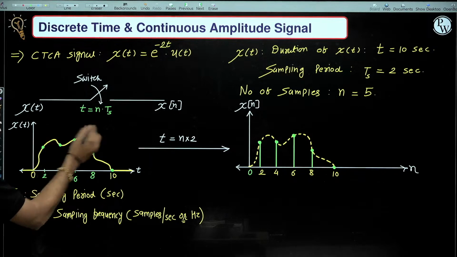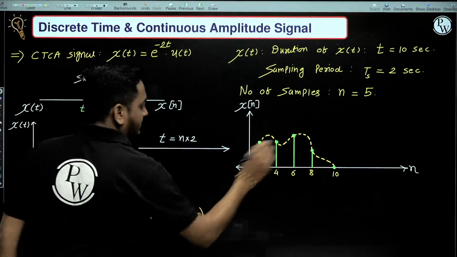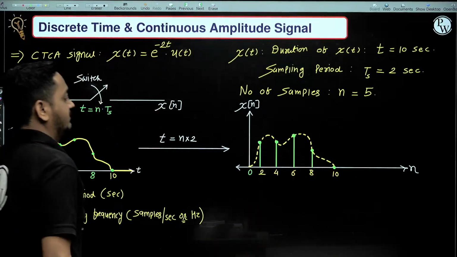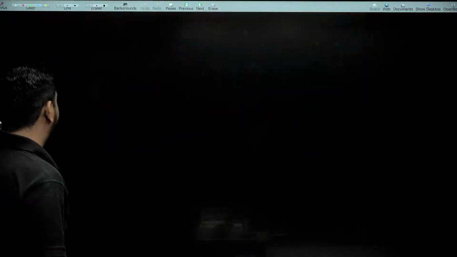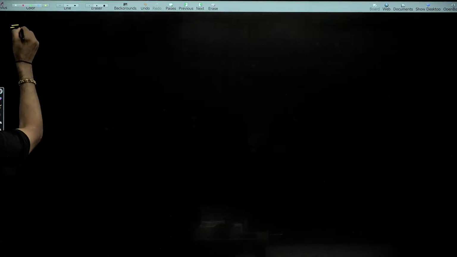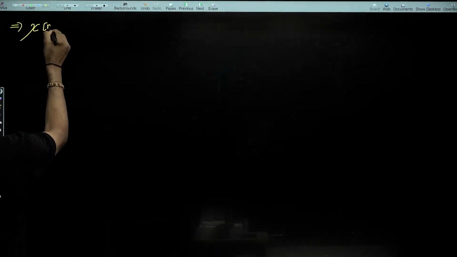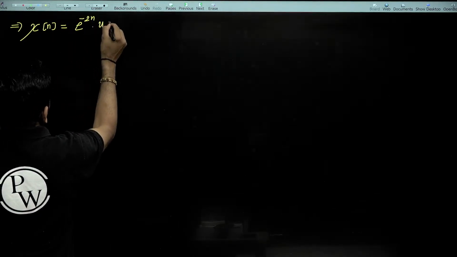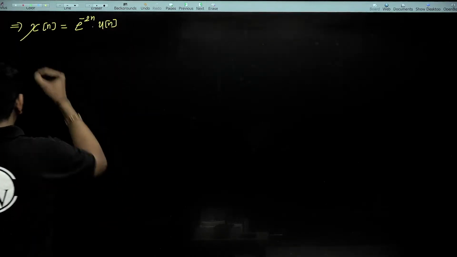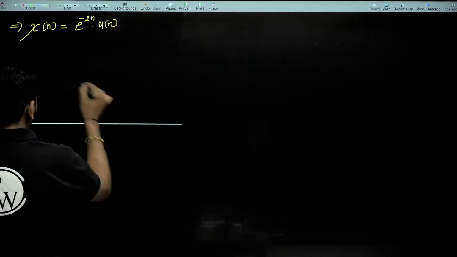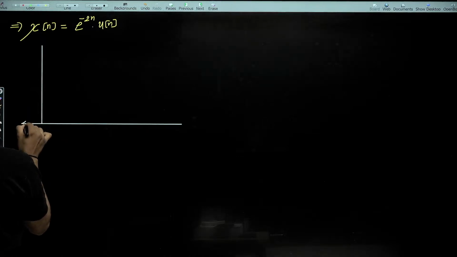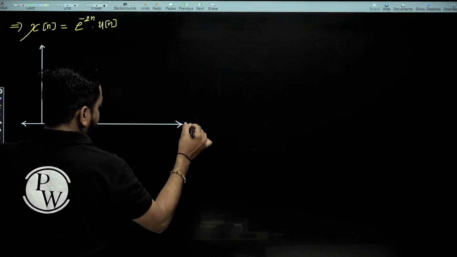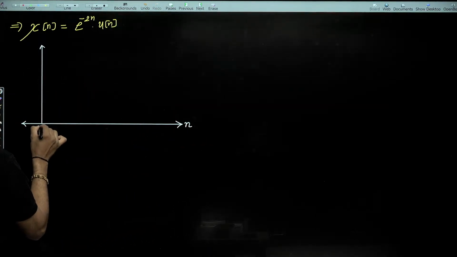If you replace t with n, then you will get this one. Correct? Only 5 samples here. Now we got x of n equal to e to the power minus 2n. This is the graphical representation. Here only integers are valid, and the sampling period is 1.